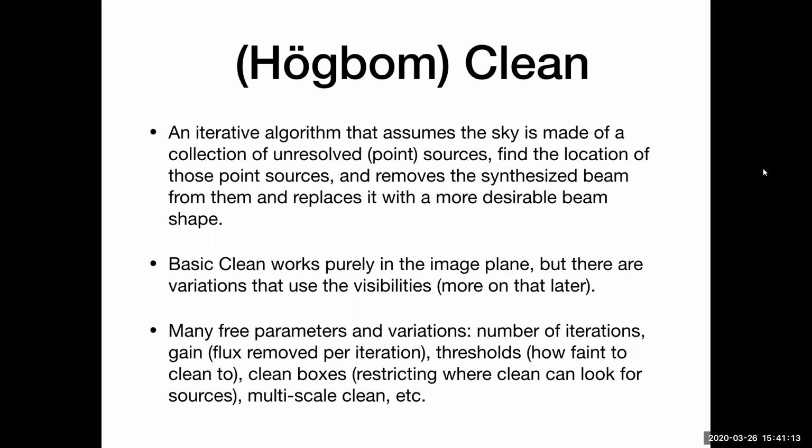There are free parameters like how many times you iterate through the algorithm. There's a gain factor in the algorithm. There are thresholds for how long you run CLEAN for and how much flux it's allowed to process. There are things like clean boxes, multi-scale CLEAN, variations on the technique.